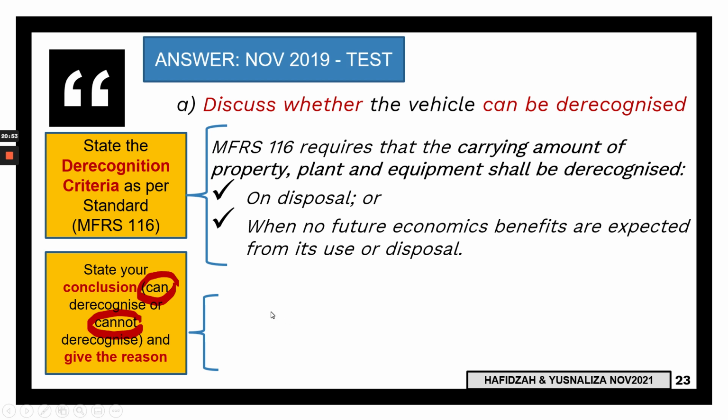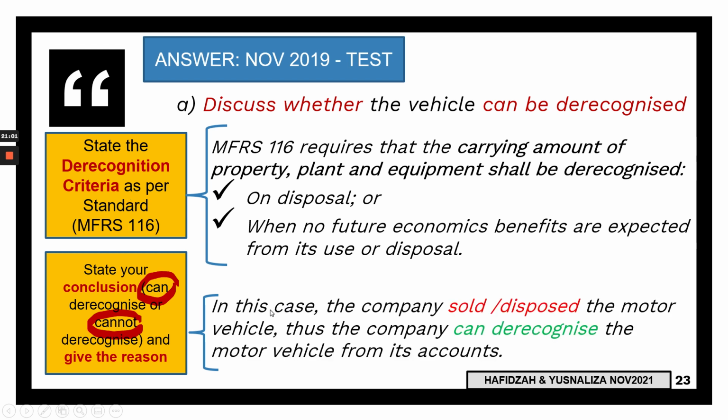So you need to give the reason and also decide whether the company should derecognize or not with the guidance of MFRS 116. In this case, the company sold the motor vehicle, which is one of the situations where you can derecognize. Therefore, that is the case that allows the entity to derecognize, so the company can derecognize the motor vehicle from its account.